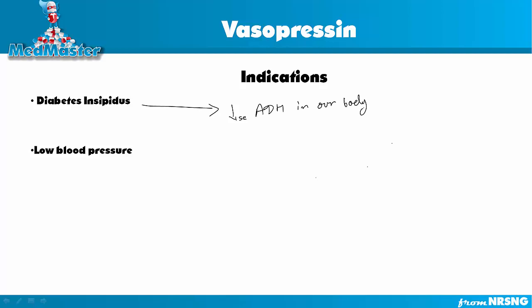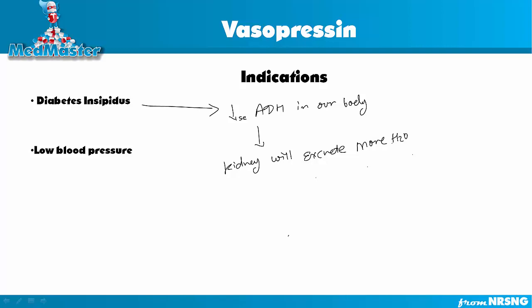Now, when there is a decrease of ADH in our body, the kidney will excrete more water, because as we talked about in the previous slide, ADH works in the collecting ducts by increasing the reabsorption of water.